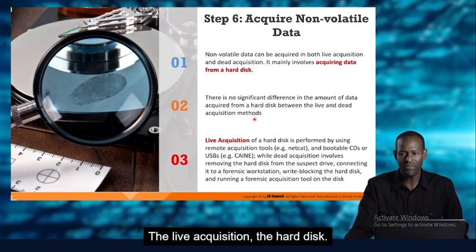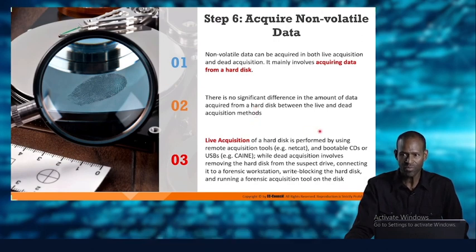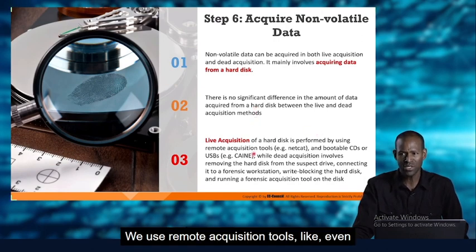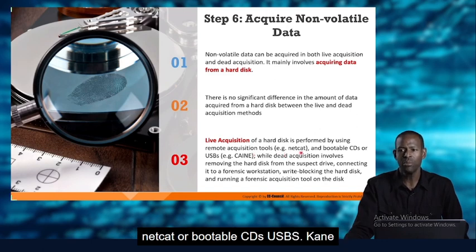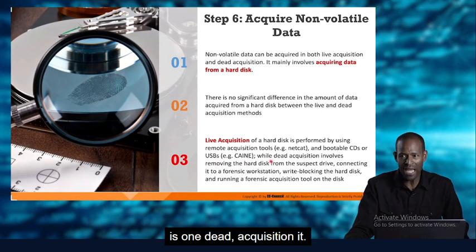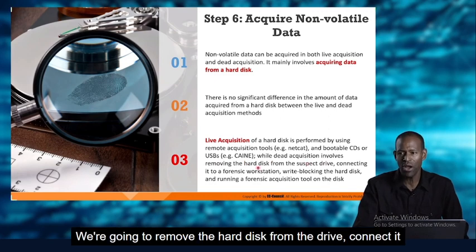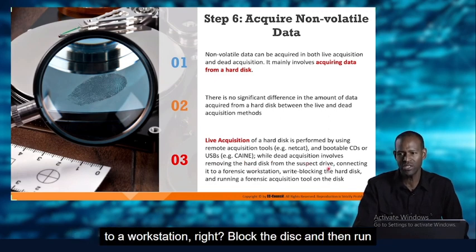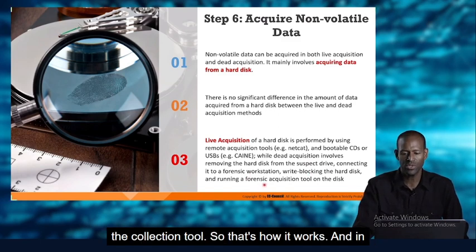So with live acquisition, the hard disk, we use remote acquisition tools like Netcat or bootable CDs, USBs. Kane is one. Dead acquisition, we're going to remove the hard disk from the drive, connect it to a workstation, write block the disk, and then run the collection tool. So that's how it works.